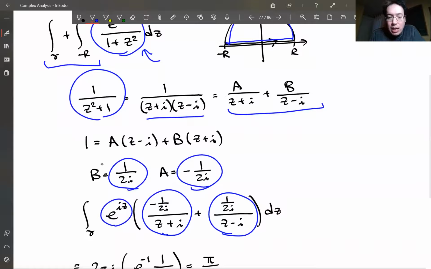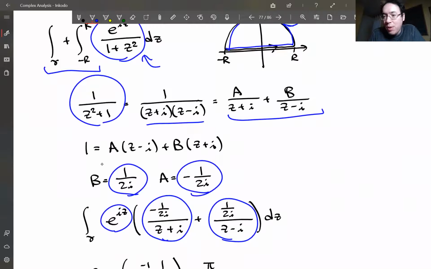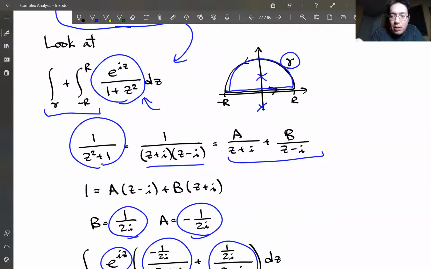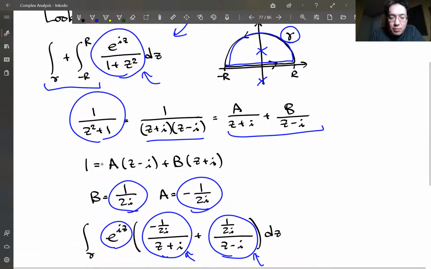Now, these two fractions blow up at different places. The first fraction has denominator equal to 0 when z is equal to negative i, somewhere around there in the picture. And the second fraction, you get division by 0 when z is equal to positive i, somewhere there.